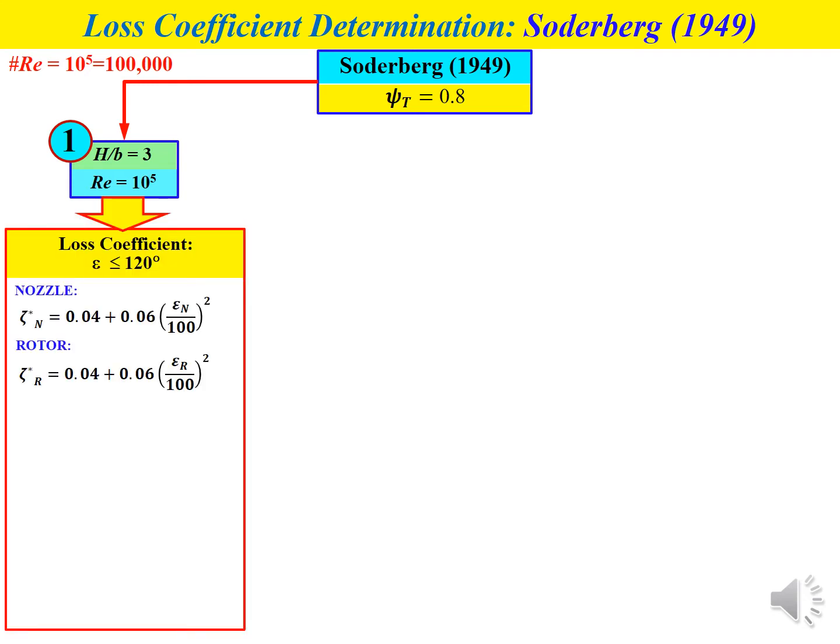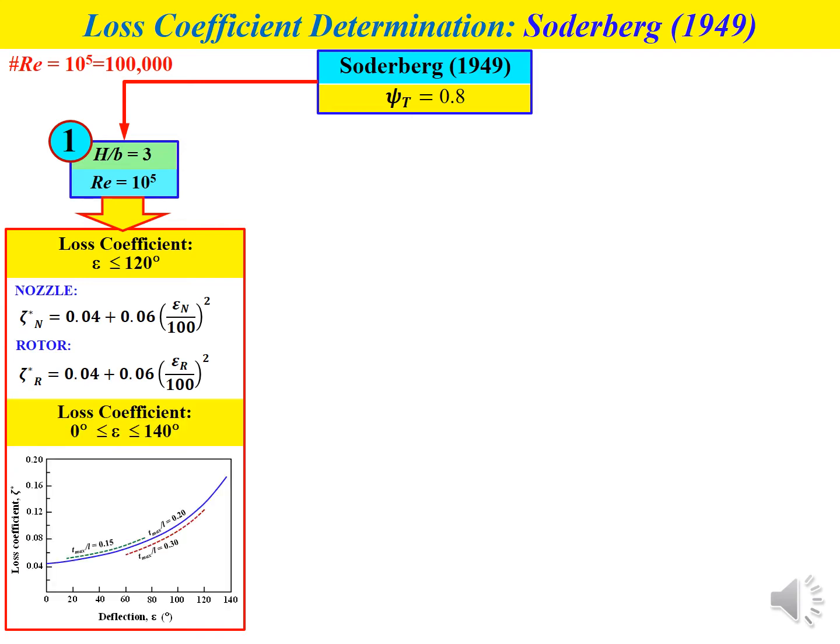For the first case, Soderberg suggests the first correlation for nozzle and also for rotor for deflection angle below 120 degree, where we can calculate the loss coefficient for the nozzle by referring to the equation for zeta n star, and for the rotor the equation for zeta r star as shown in the slide. For the first case, we have 2 approaches.